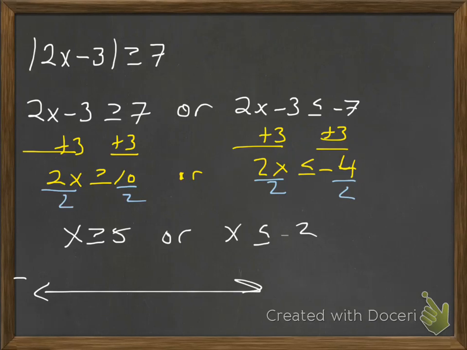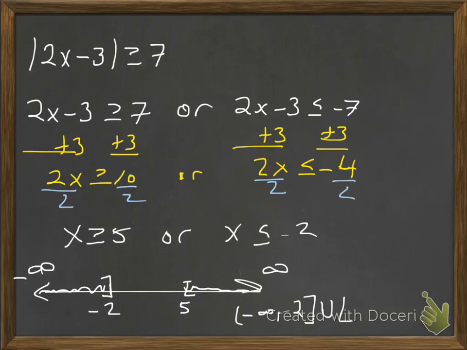So that's an OR. We don't need both. We don't need intersection. And there we either live west of -2 or at -2, or we live at 5 or east of 5.